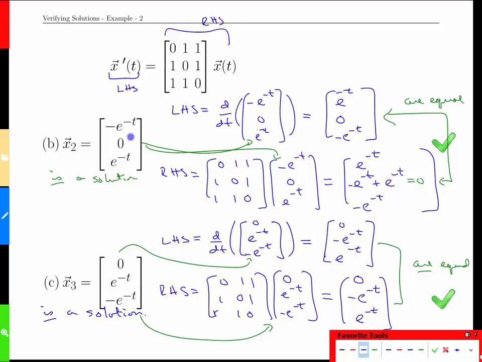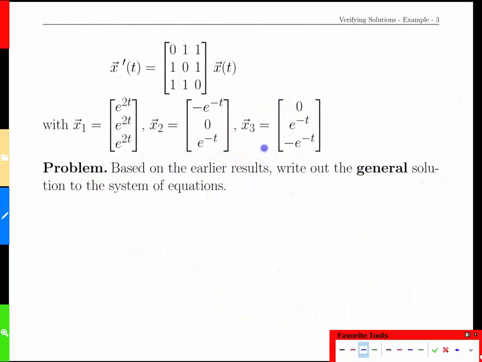So now we've verified that there are 3 solutions that we can find, or that can be given to us, and the verification procedure is the very simple thing of plugging them in and making sure the left-hand and right-hand sides equal one another. Once we have those 3 solutions though, then we can write out our general solution.